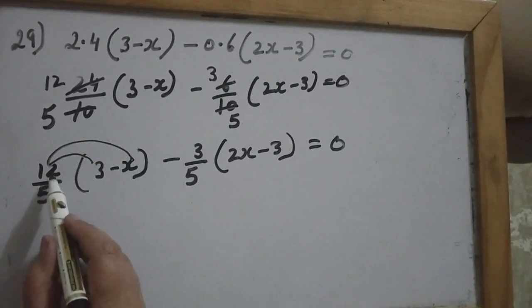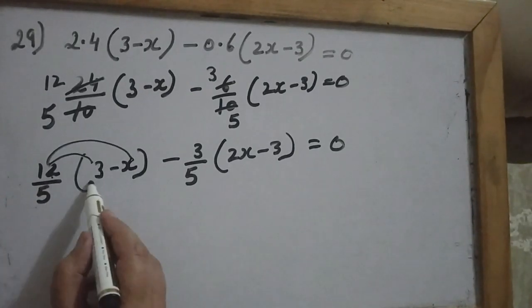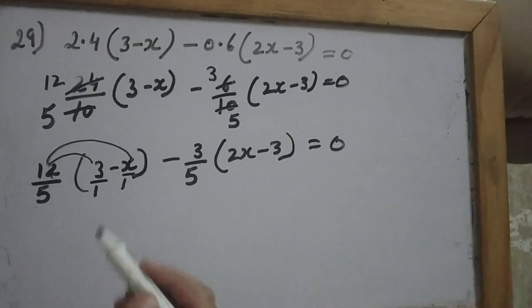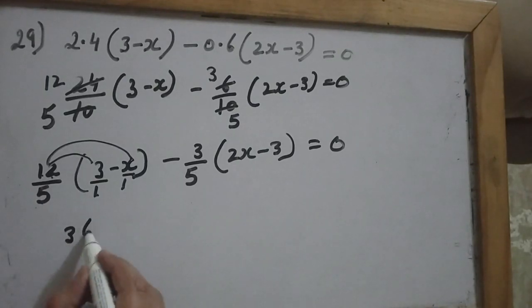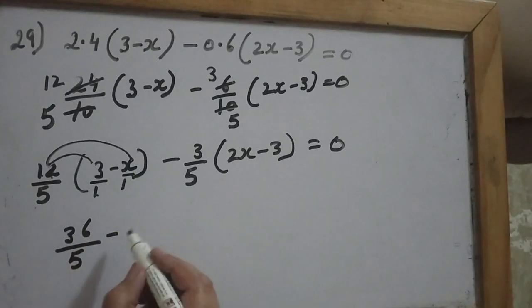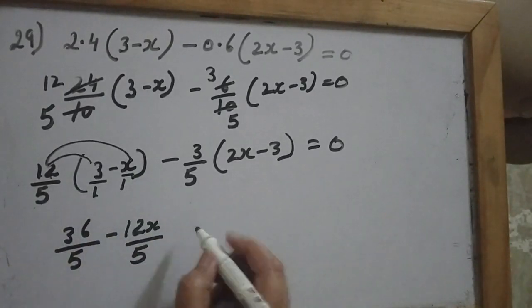So now I told you the numerator is multiplied by numerator and the denominator with the denominator. So 12 3s are 36 and 5 1s are 5. Now 12 multiplied by x will be 12x upon 5 1s are 5.